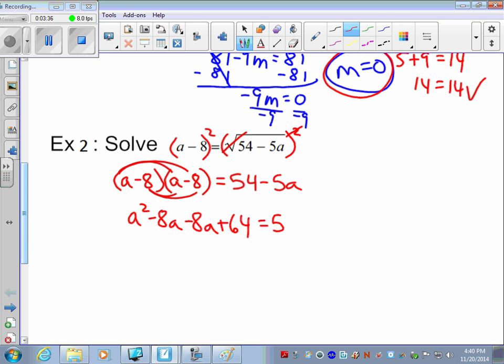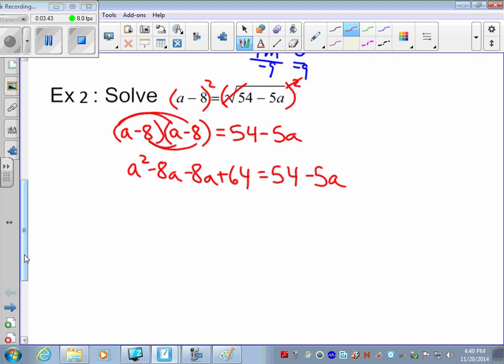And on the right side we have 54 minus 5a. Now we move every term to one side and gather your like terms. So I add 5a, add 5a here, and minus 54, minus 54.